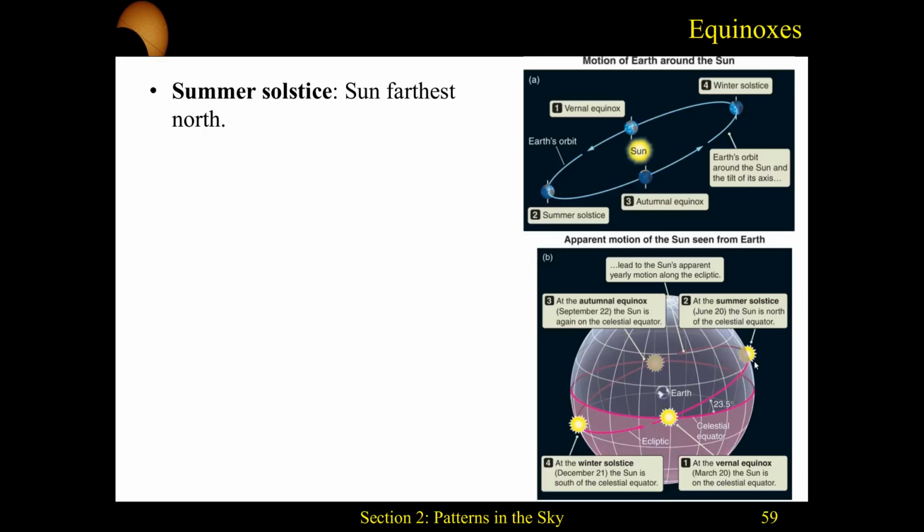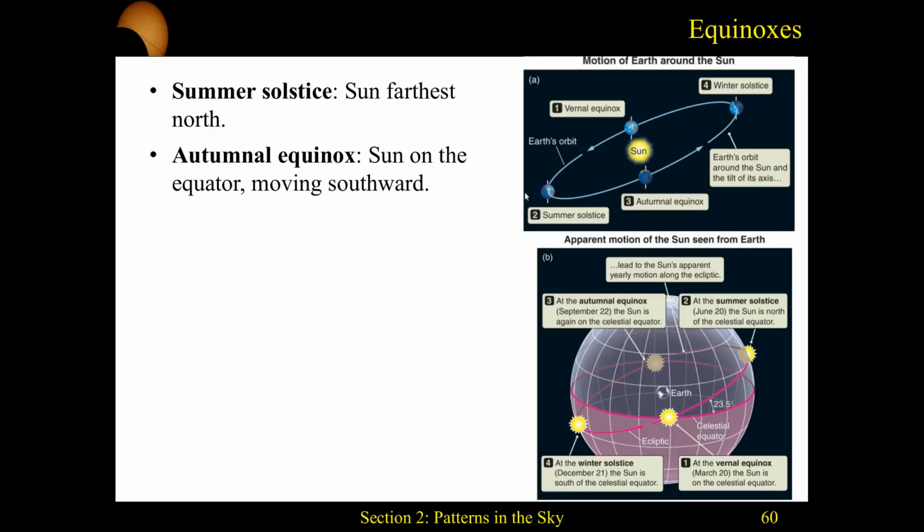Now look from this perspective. Here's the summer solstice. Boom. Summer solstice from the motion of the Earth around the sun. Then you get the autumnal equinox. Sun's on the equator and it's moving southwardly. Then you get to the winter solstice. Right? Winter solstice, the sun is the furthest south.